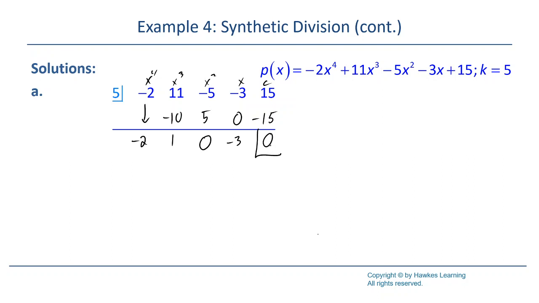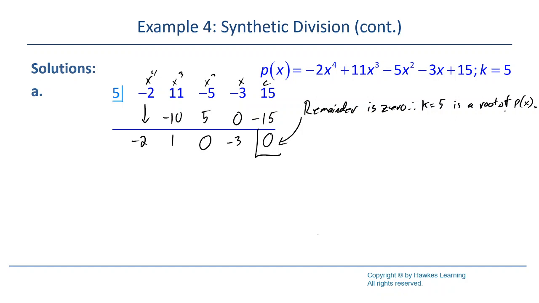And so the remainder is 0. Therefore, and that's what those 3 little dots mean, k equals 5 is a root of p of x. Let me be specific. It could be a root for a tree, but specifically it's a root of our given polynomial p of x.